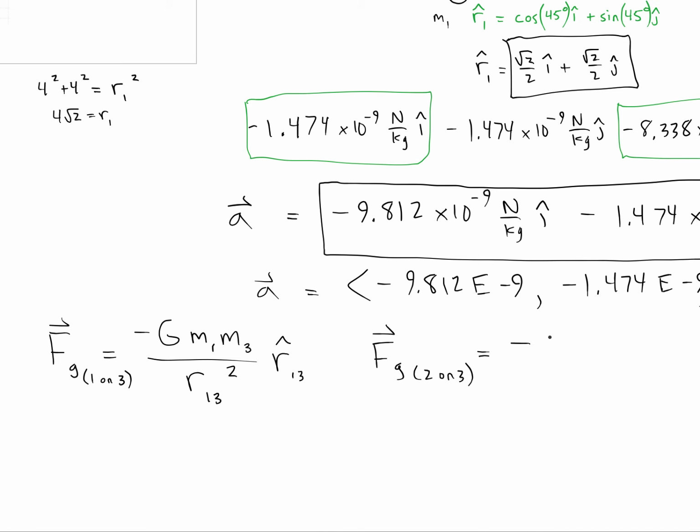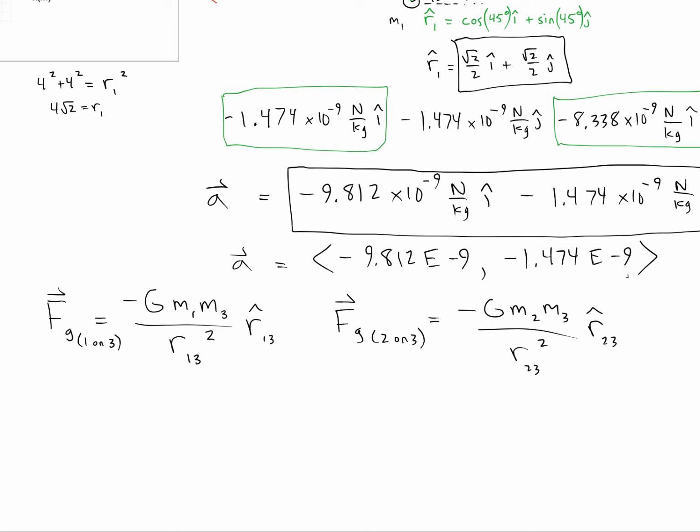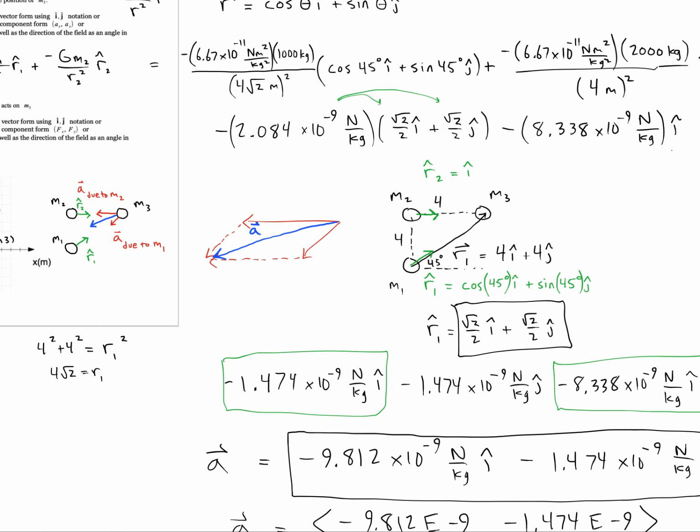So we would have this. The R13 just means the distance between 1 and 3. R23 means the distance between 2 and 3. Now we could go through that whole calculation if we wanted. Basically, it'd be very similar to the calculation we just did.